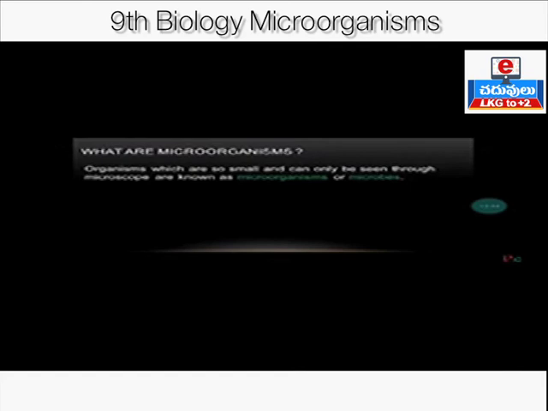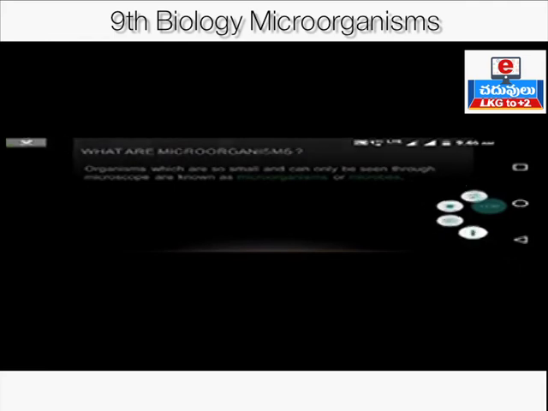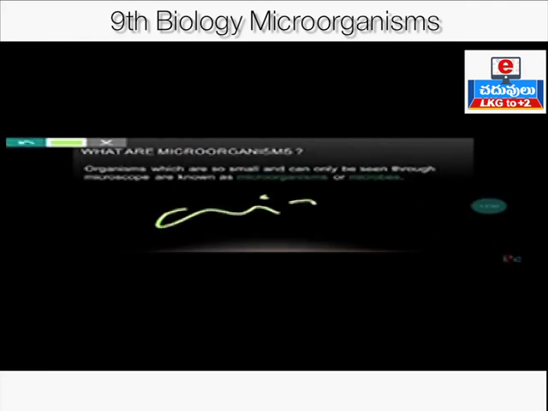These organisms are found in air and water, like ponds, lakes, rivers and oceans, and also in soil. They are present in our bodies, in plants and animals, and also in the polar regions and hot deserts.